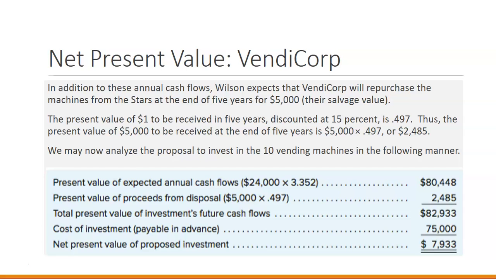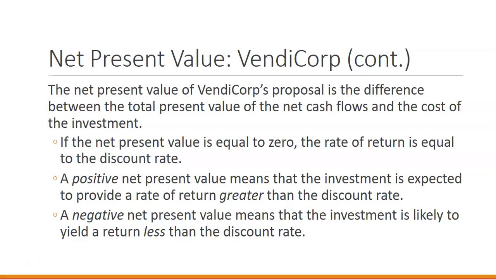Then we subtract the cost of investment and we get what the net present value of the investment is. This is a positive number, so it shows that the investment is expected to provide a rate greater than that required 15% rate of return.